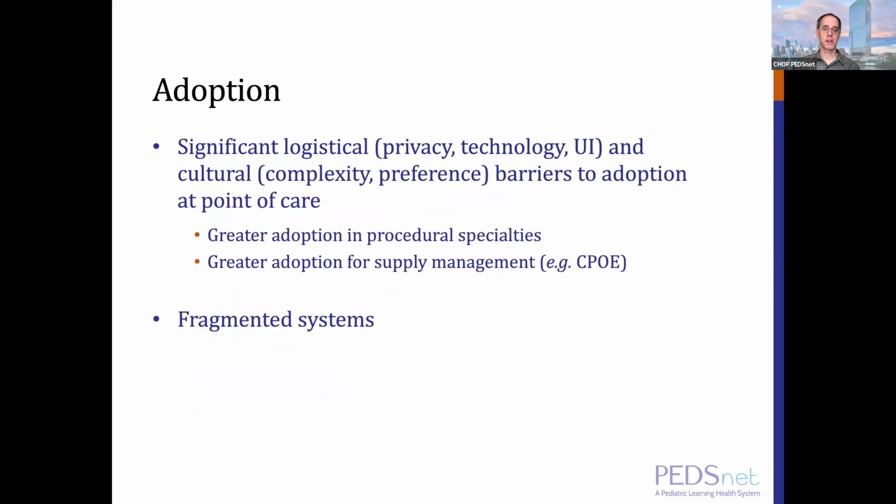And in particular, what we notice is in healthcare delivery, there are significant logistical barriers to adoption of information technology, some of which have to do with the complexity of patient care, and many of which have to do with our social expectations around privacy for healthcare data. But it also has a lot to do with the culture of healthcare, with our sort of narrative approach to the way that we care for patients.